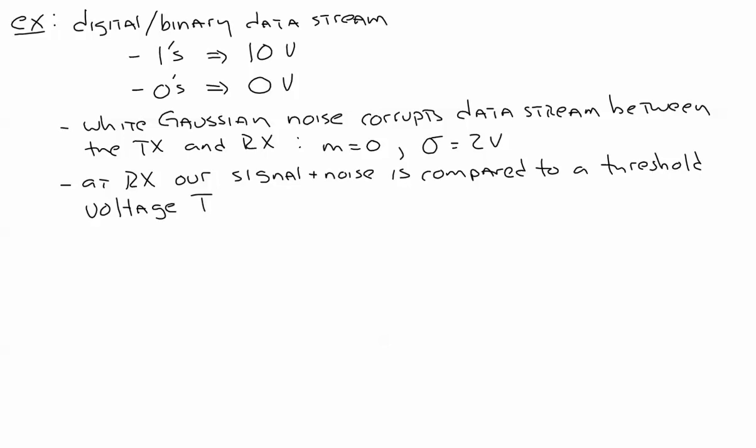All right, so at our receiver we detect our signal plus noise every clock cycle. We compare that detected signal plus noise to a threshold voltage T. And if the signal plus noise is greater than the threshold, we decide that a 1 was transmitted.